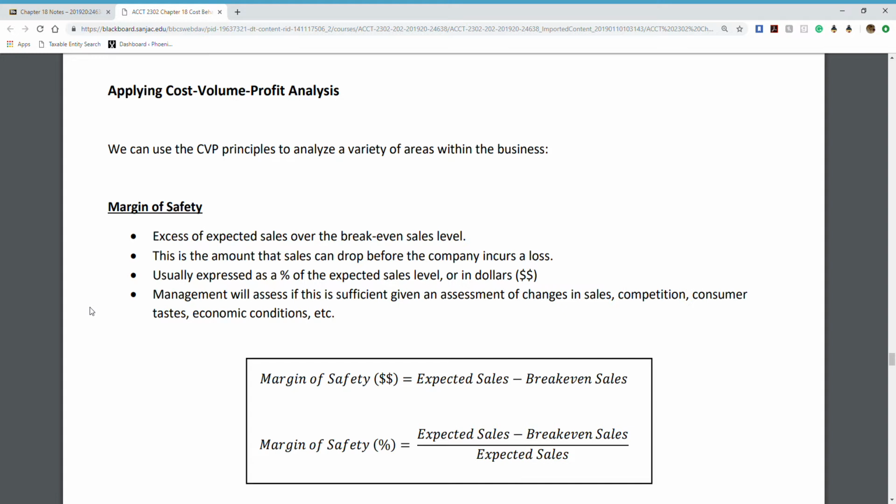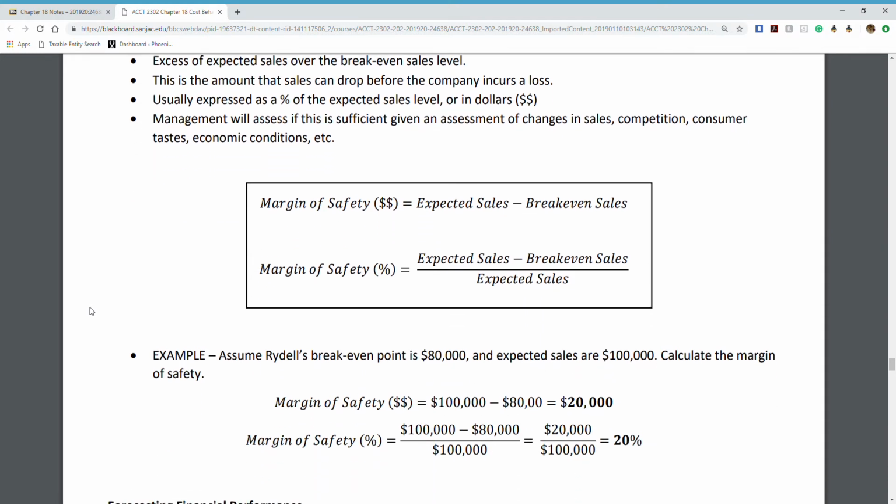Management actually uses it a lot to give a good assessment if there needs to be a change in sales, competition, consumers, economics, etc. They're going to be analyzing these numbers we give to make better decisions in the company, or worse ones if you've got a bad manager.